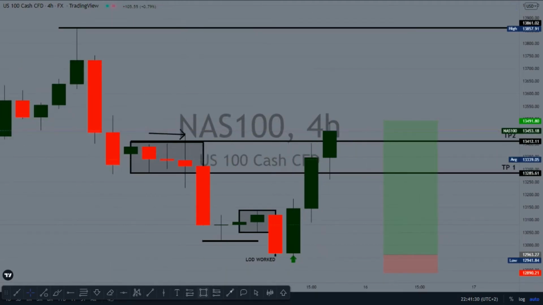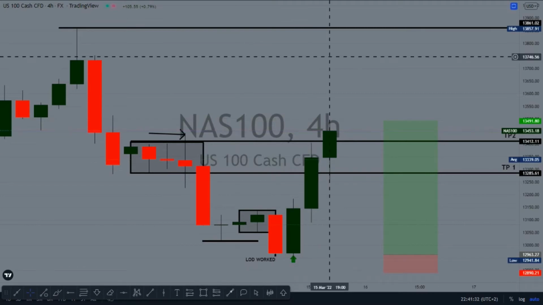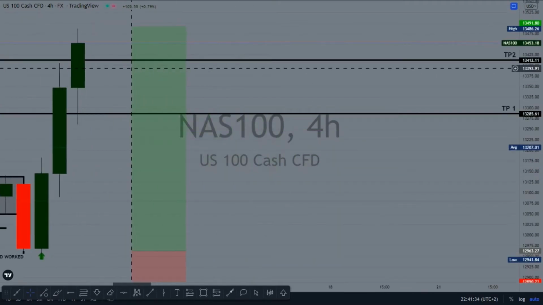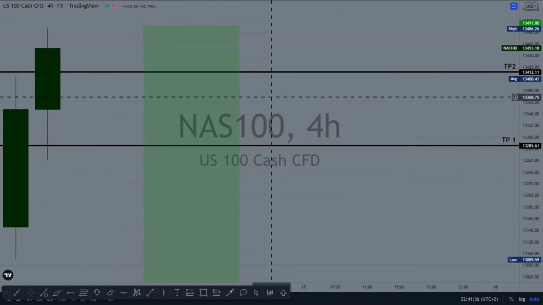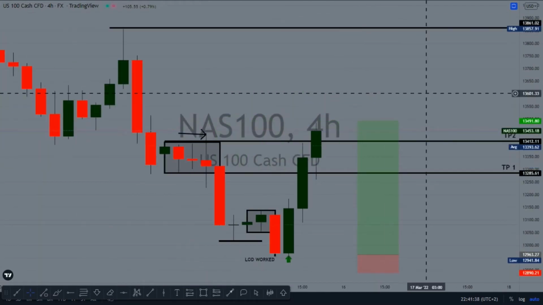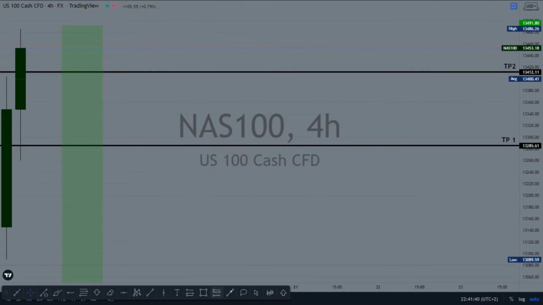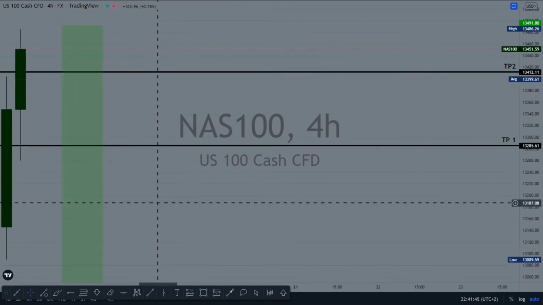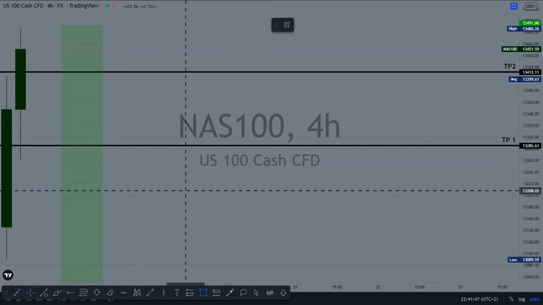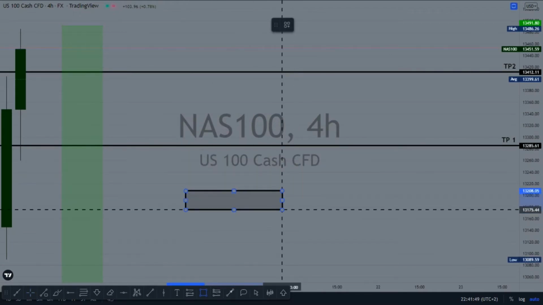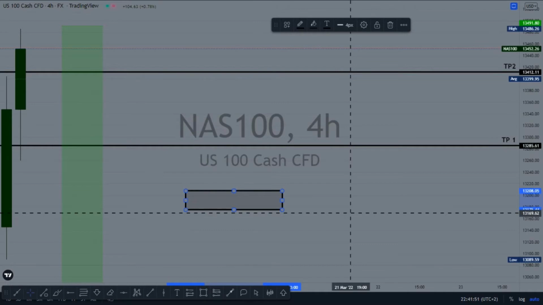So the patterns go by this. Let me draw it for you so you will be able to see which pattern I'm talking about. Usually the market will come into this zone in the beginning of the day, from 12 o'clock to 8 o'clock.